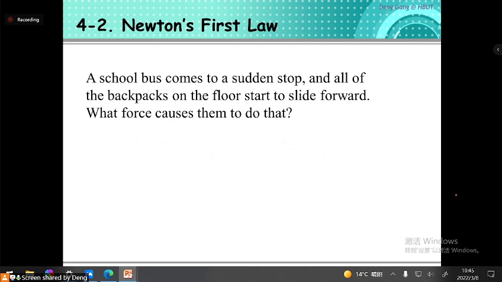So okay, if we know Newton's first law, actually we can explain this. A school bus comes to a sudden stop, and all the backpacks on the floor start to slide forward. So the question is, what force causes them to do that?